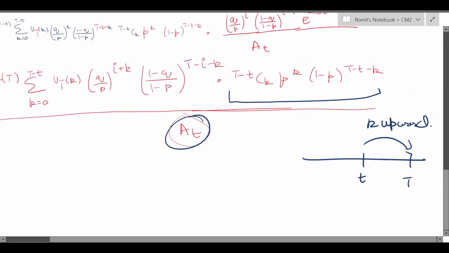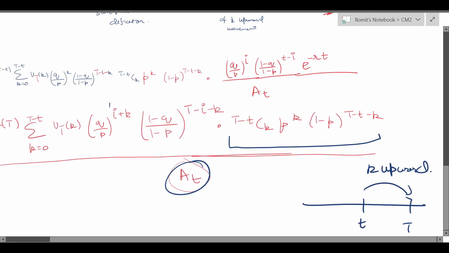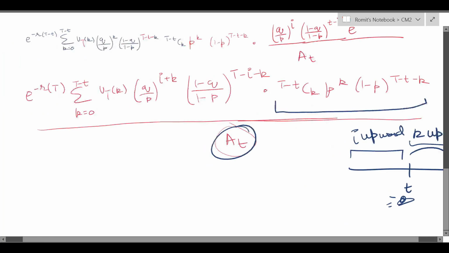In terms of the state price deflator, you have two parts. One part is based on i upward movements, which are known. So that's a constant part. And then the k upward movements, which are unknown, because they are in the future, right?